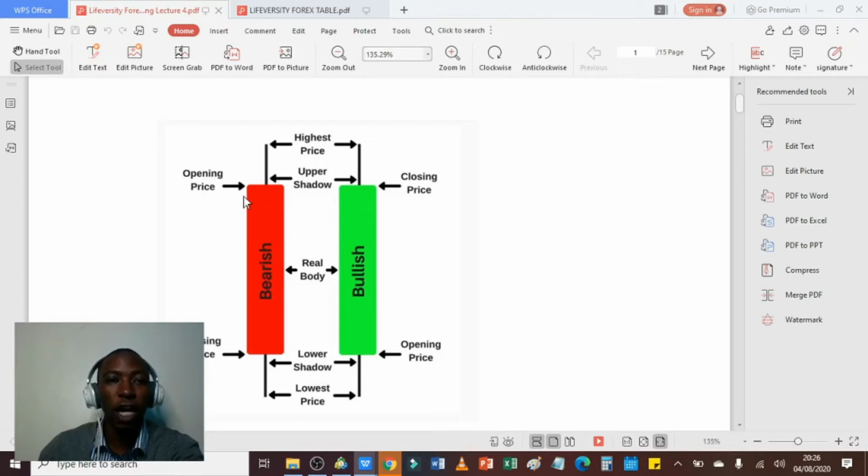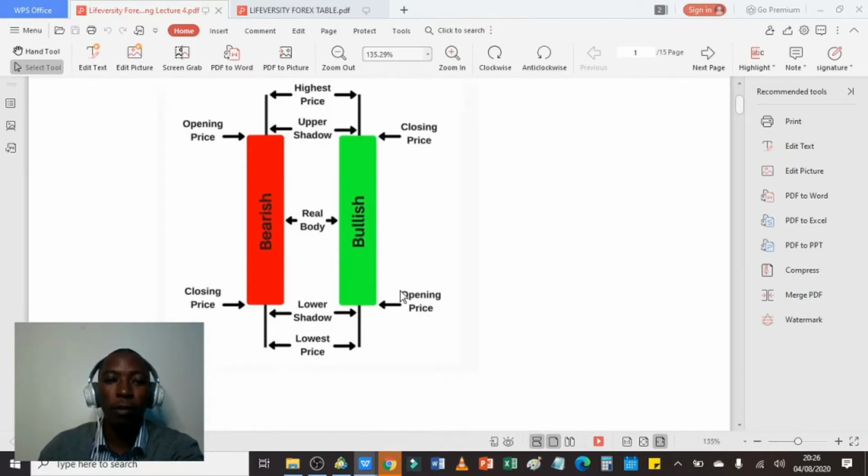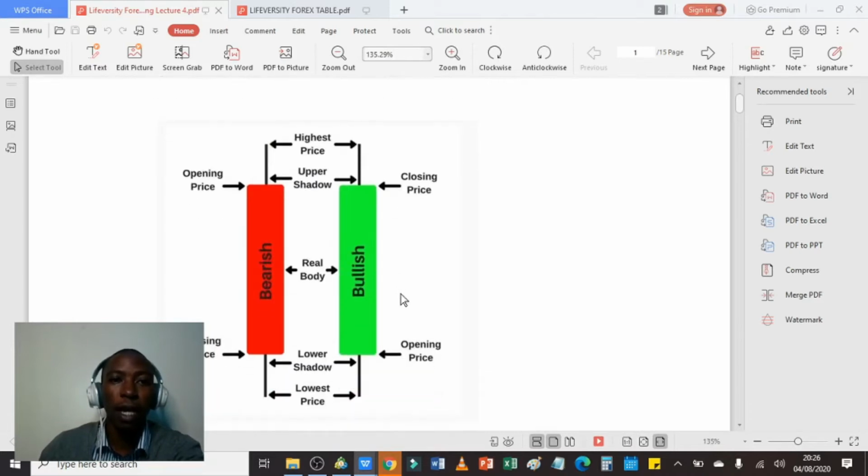For the bearish candle, the opening price is above the closing price, and for a bullish candle, the opening price is below the closing price, or the closing price is above the opening price. Basically, that is what you need to know about the Japanese candlesticks.